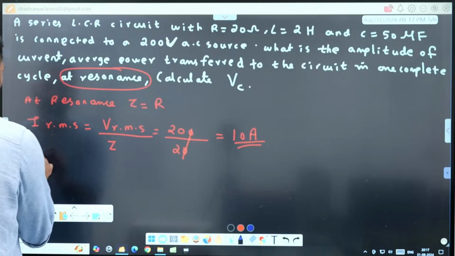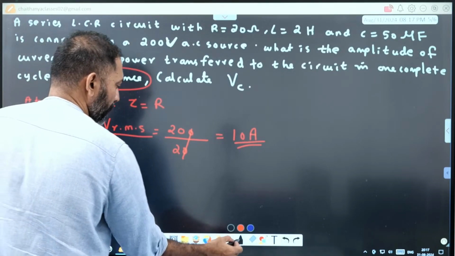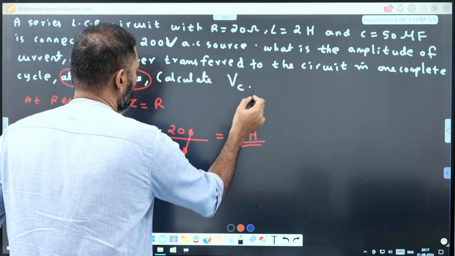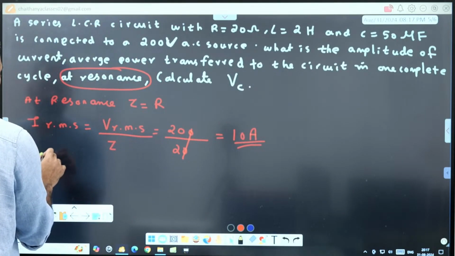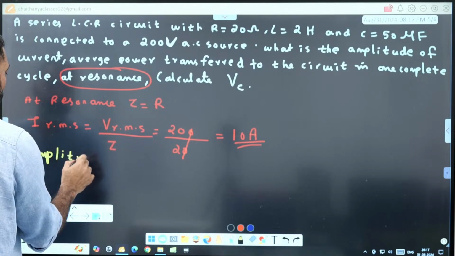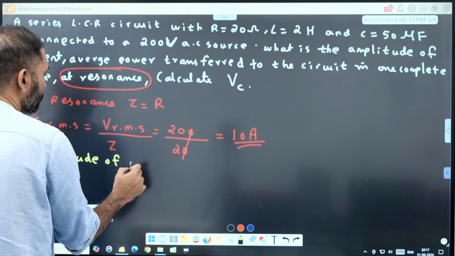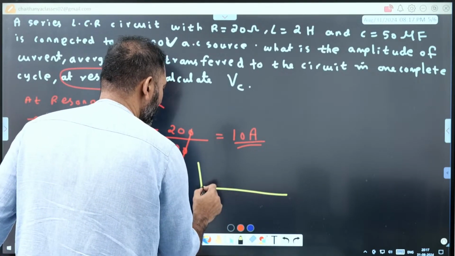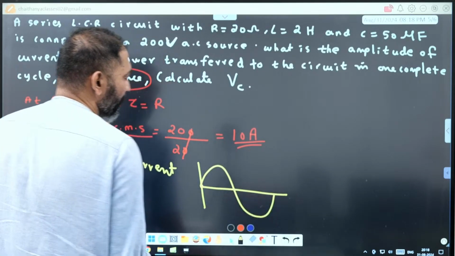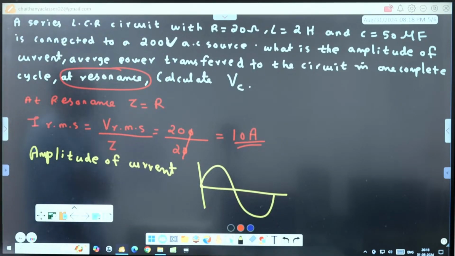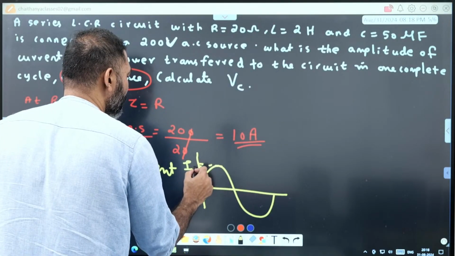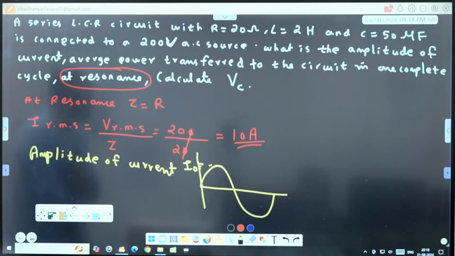Now we have to find out the amplitude of current. Remember, this is the AC wave. This amplitude was really confusing for some students. Some thought that amplitude of current means IRMS. No, amplitude is the maximum value, I0. This was the problem with last year's paper.